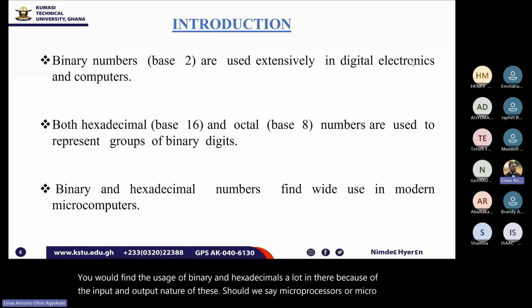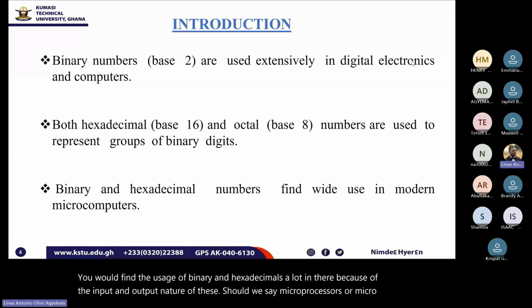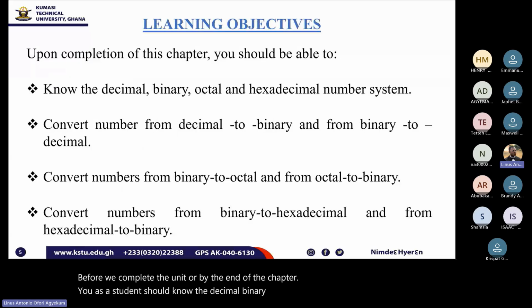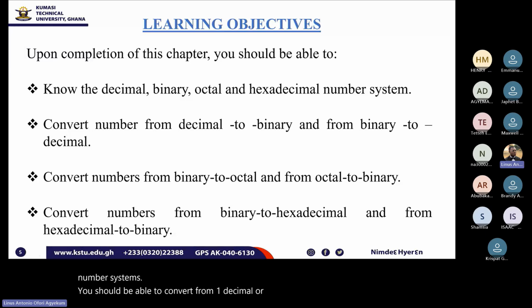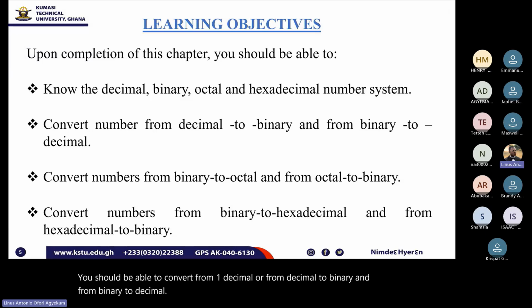Now, let's move on to look at certain things we would want to achieve at the end of this unit. Before we complete the unit, or by the end of the chapter, you as a student should know the decimal, binary, octal, and hexadecimal number systems. You should be able to convert from decimal to binary and from binary to decimal. You should also be able to convert numbers from binary to octal and then from octal to binary.